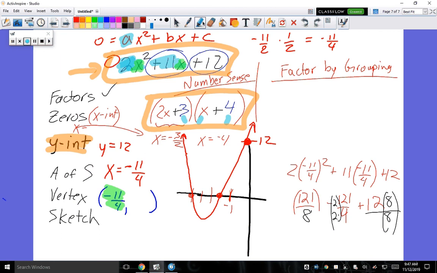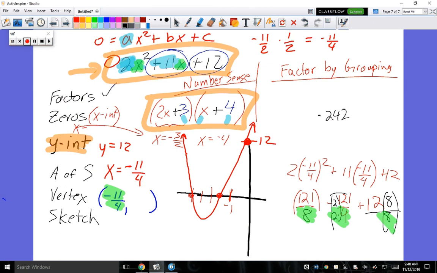So now I have all my common denominators of 8, 8, and 8. I just have to figure out the top. So I have 2 and 121 is 242. 12 and 8. They're opposite signs though, so it'd only be 120.